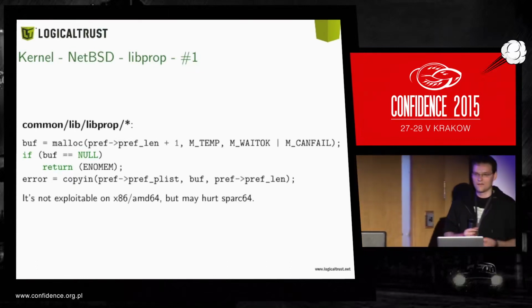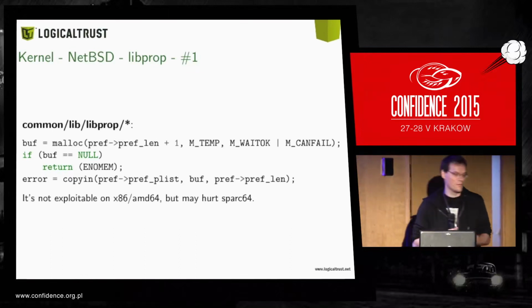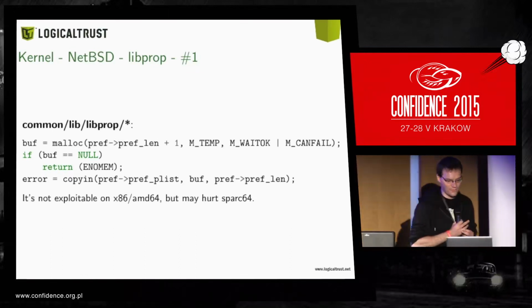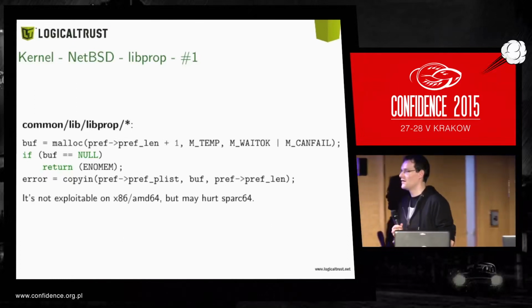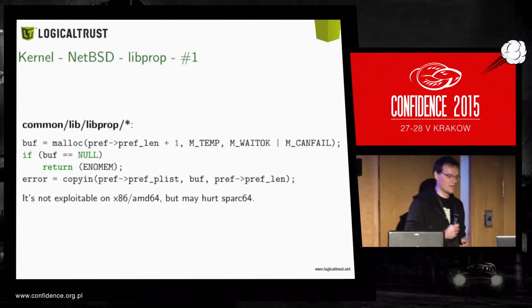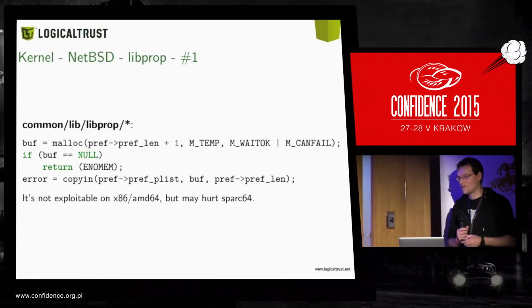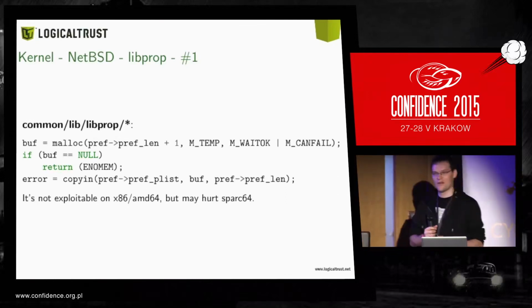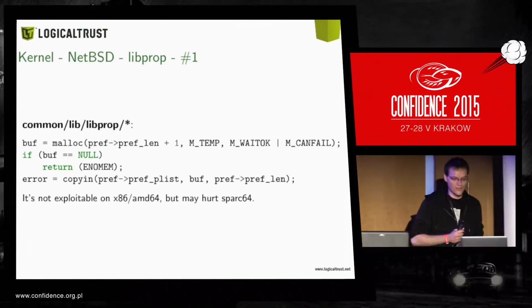And in fact, he can take all the memory in the system and make the system panic. This bug is not exploitable on x86 and AMD64 architectures, but in fact it's exploitable on SPARC64. After the presentation, I can tell you why.